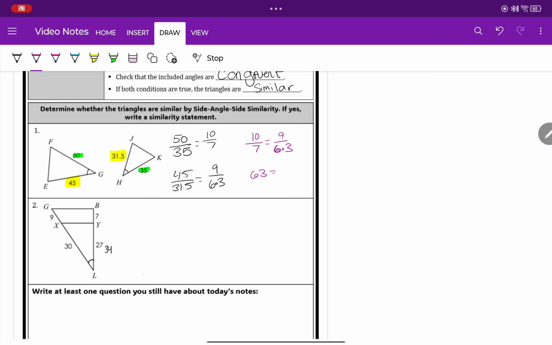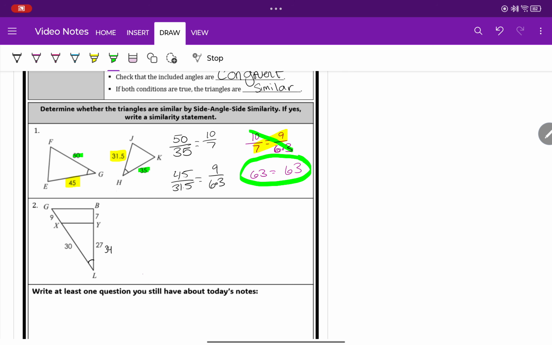And if I multiply 9 times 7, I also get 63. I just cross multiplied. And these two numbers are the same, so I know that these ratios are equal. They are proportional to each other.